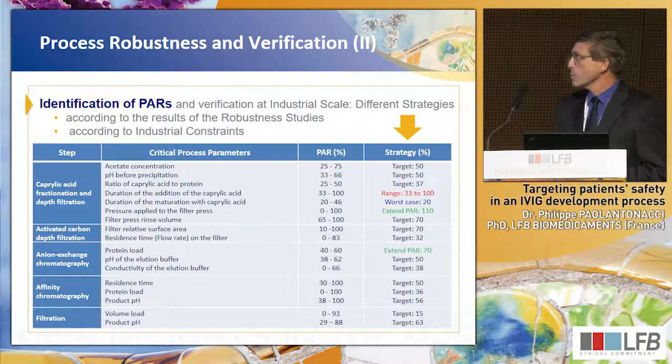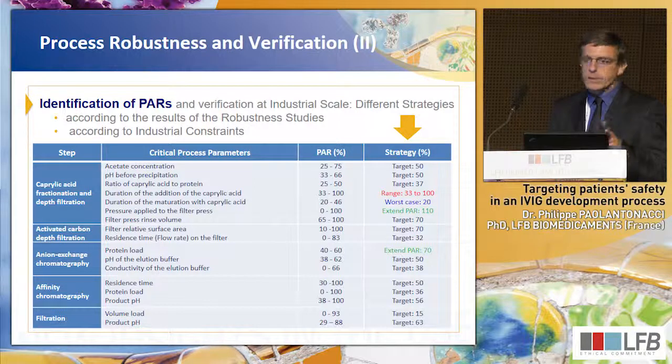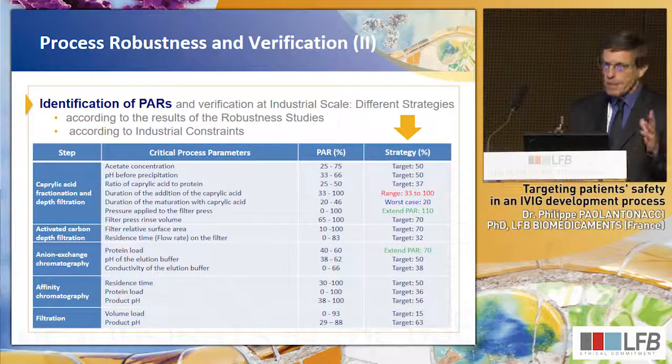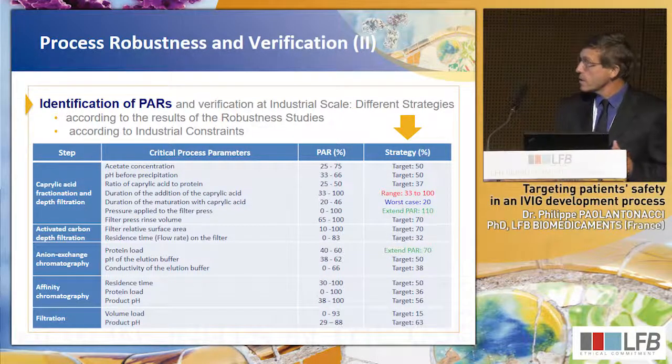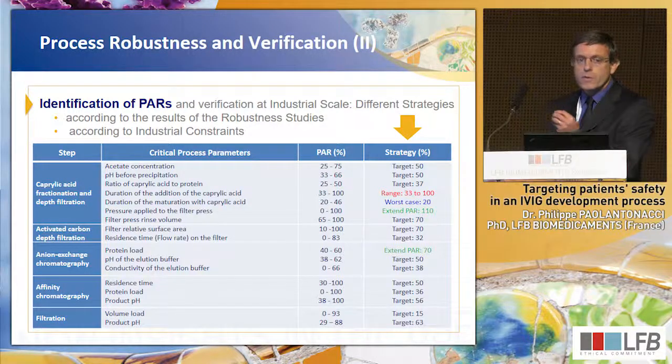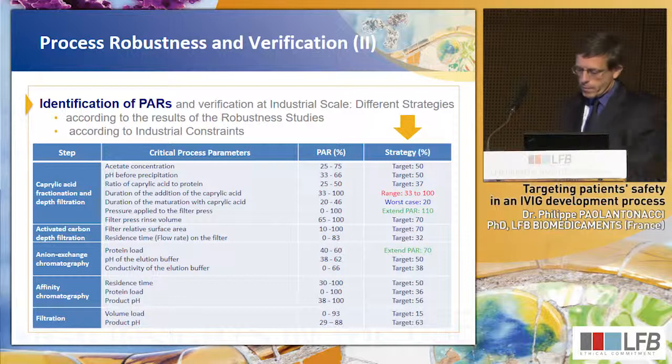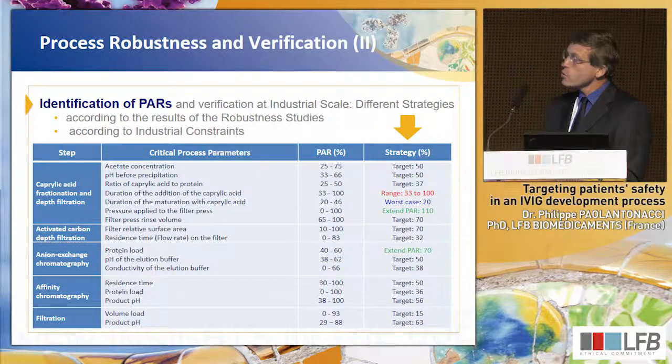And in some cases, we want to confirm the worst case situation or to smoothly extend the proven acceptable range related to industrial constraints. The validation batches were performed taking into account this justified strategy and proved that the process was also controlled at full scale.